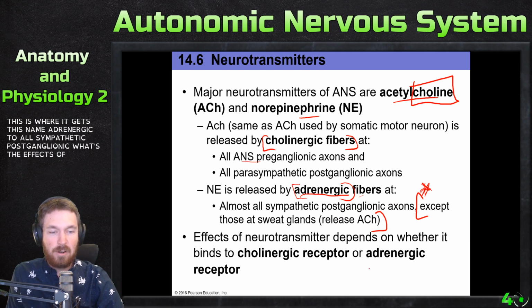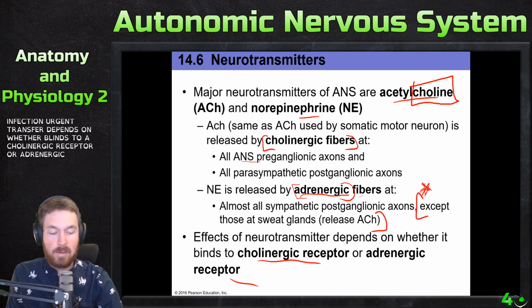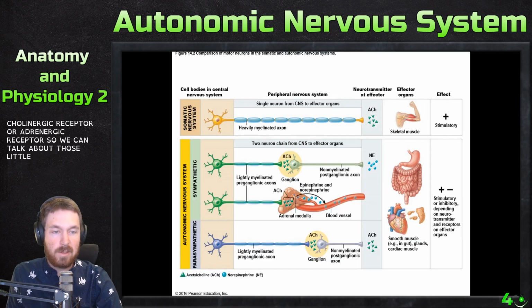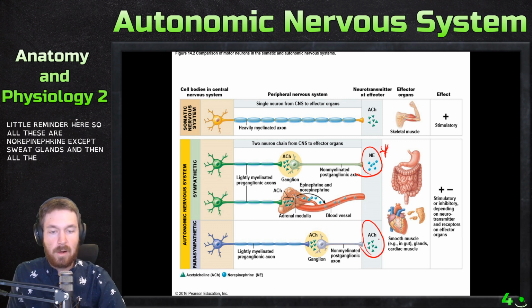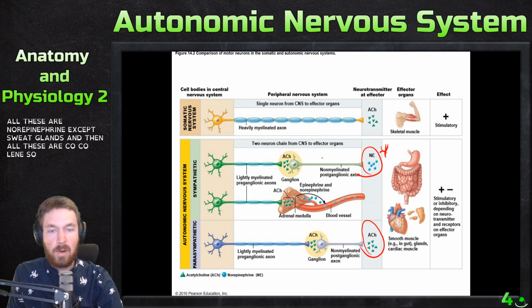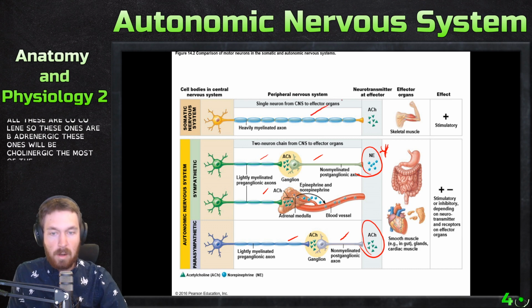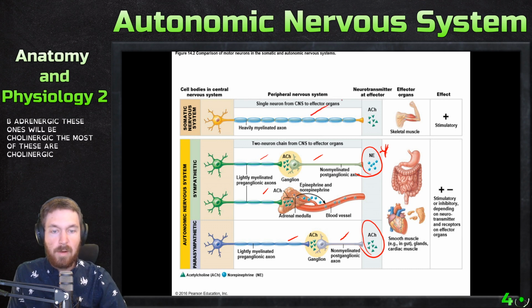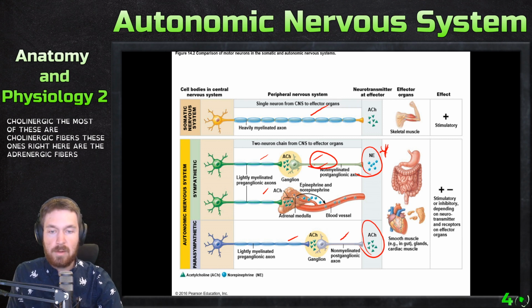The effects of a neurotransmitter depend on whether it binds to a cholinergic receptor or adrenergic receptor. We're going to talk about those a little bit. This is just a little reminder here. All these are norepinephrine except sweat glands. And then all these are acetylcholine. So these ones would be adrenergic. These ones would be cholinergic. Most of these are cholinergic fibers. These ones right here are the adrenergic fibers.